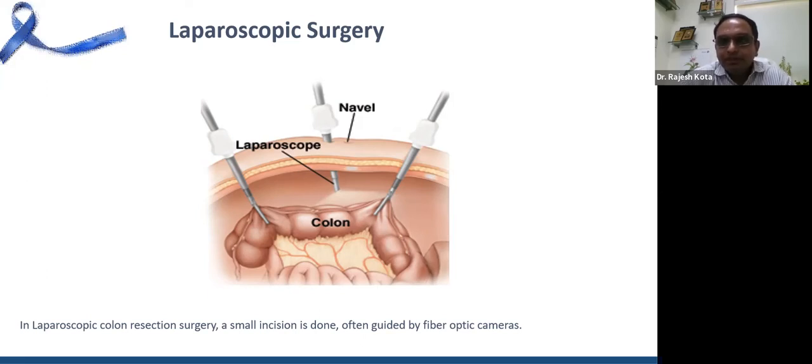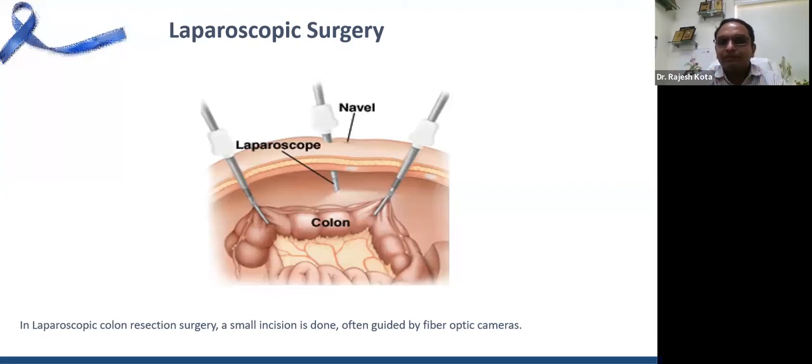These days we make small keyhole-sized incisions on the patient's abdomen or tummy, in 3 or 4 places, and with the help of a small camera fixed to a laparoscopic instrument, and with the help of the laparoscopic system, without the need for major surgery or without the need for opening up the abdomen completely. We can do these laparoscopic surgeries with smaller incisions, often guided by fiber optic cameras.